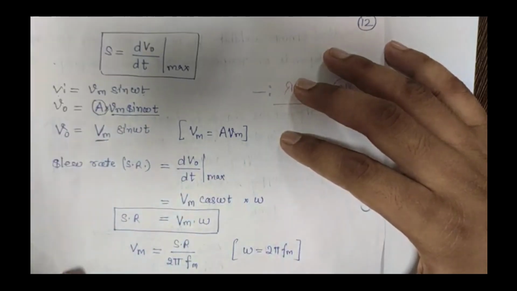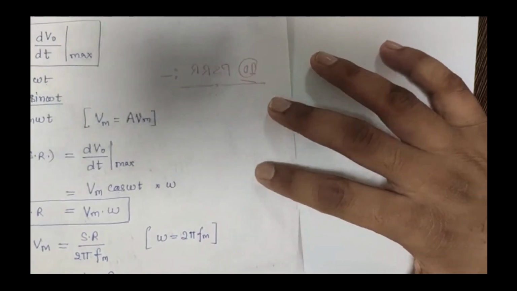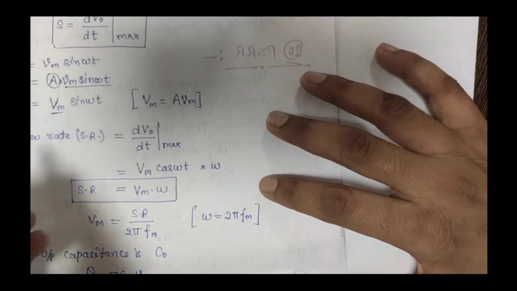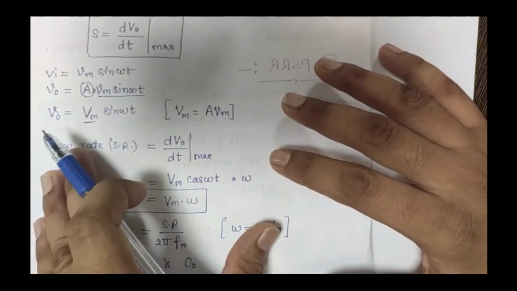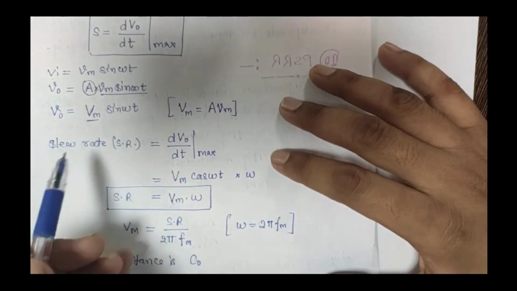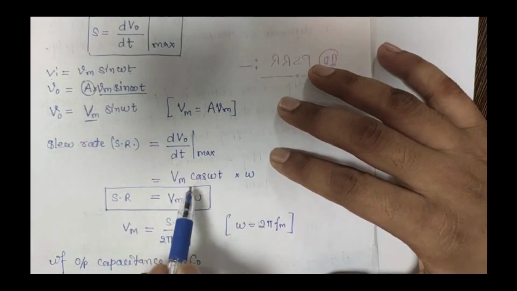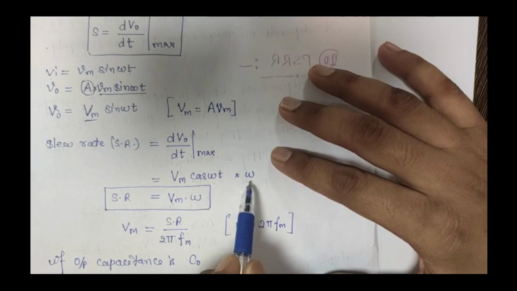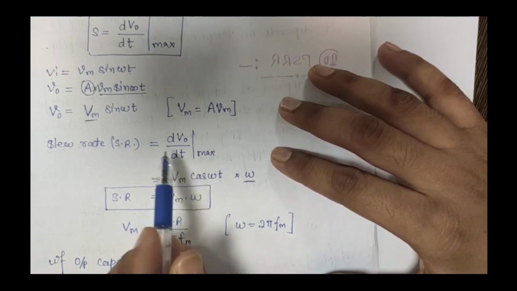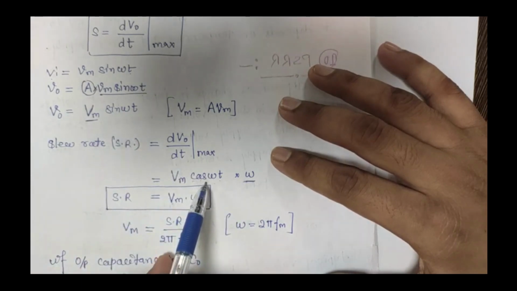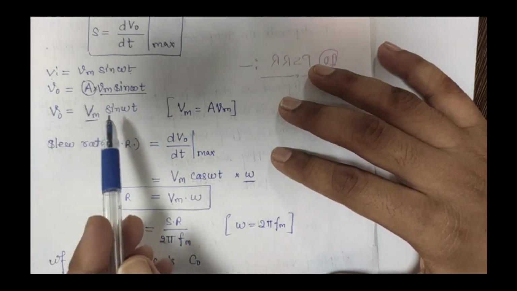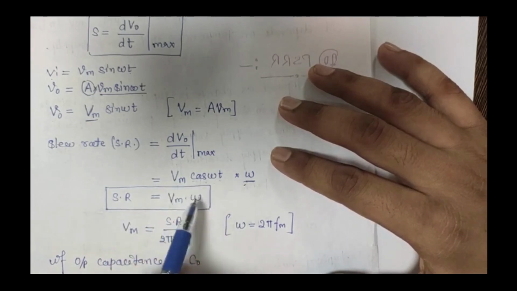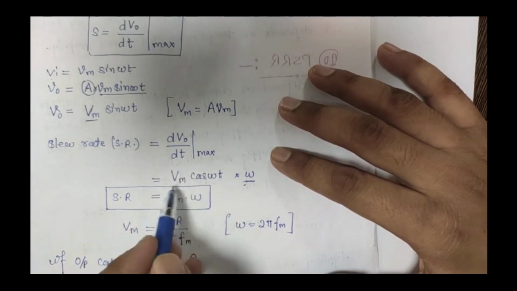Then, as slew rate is dV naught upon dt, I will differentiate V naught equal to Vm sin omega t with respect to t. The differentiation of sin comes to be cos omega t, and omega t differentiated will be omega. Therefore slew rate is equal to Vm into omega cos omega t.